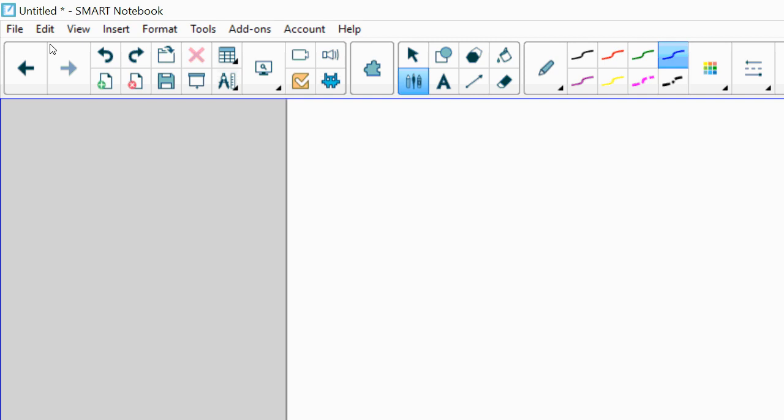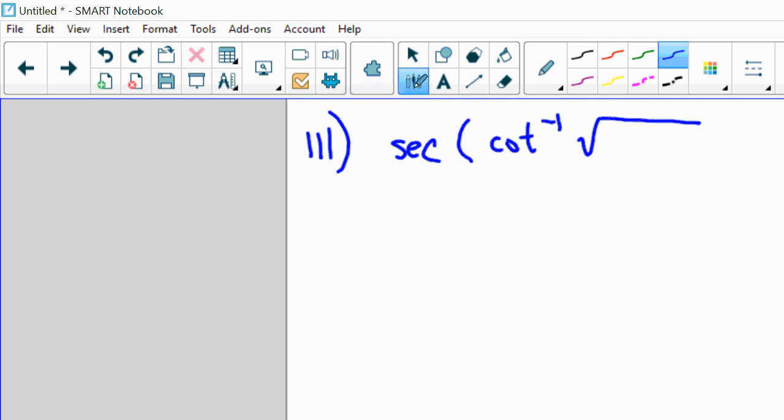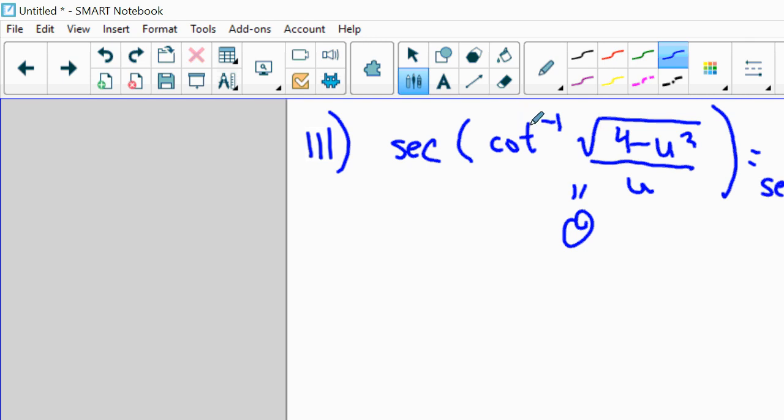Let's try one of those problems in general. Problem 111. Secant, inverse cotangent, square root 4 minus u squared over u is some theta. So we're trying to answer the problem secant theta. We'll fill this box in a little bit.